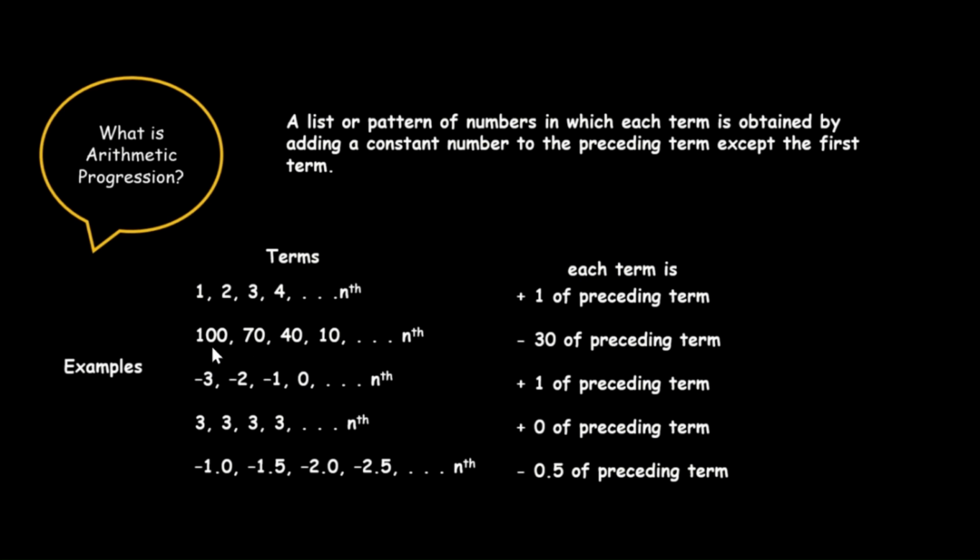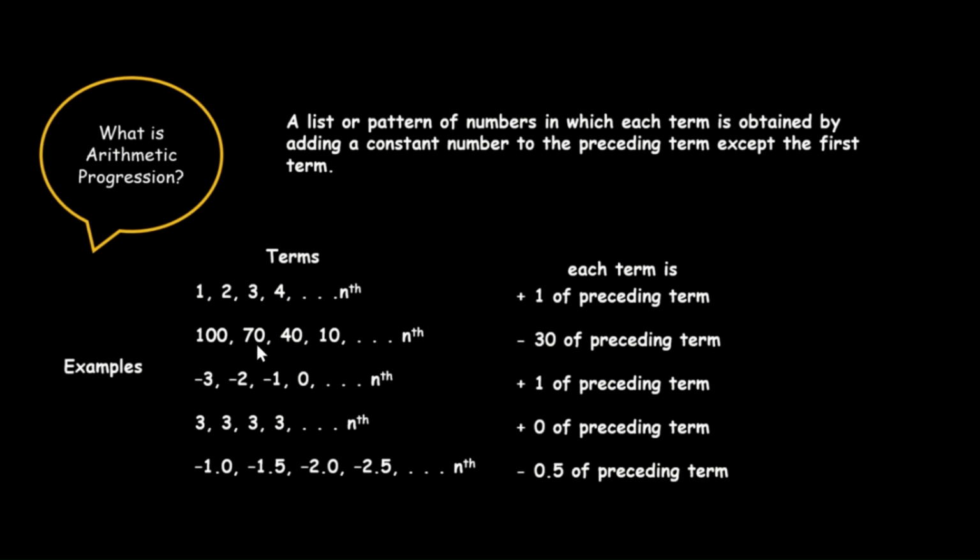Here in this example, 100 is the first term. And by adding -30, we get 100 minus 30, 70, which is the second term. So by adding -30 to 100, which is the first term, we are getting the second term, 70.